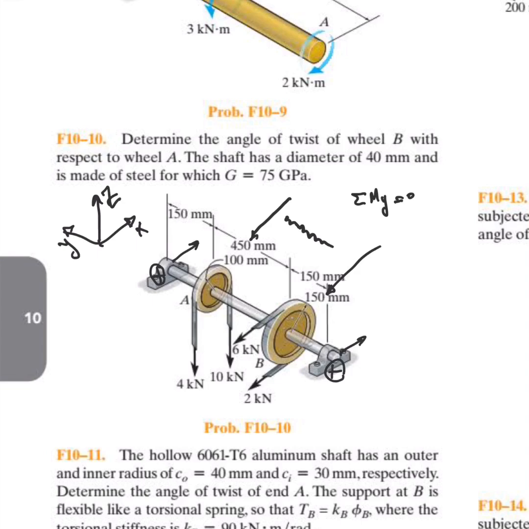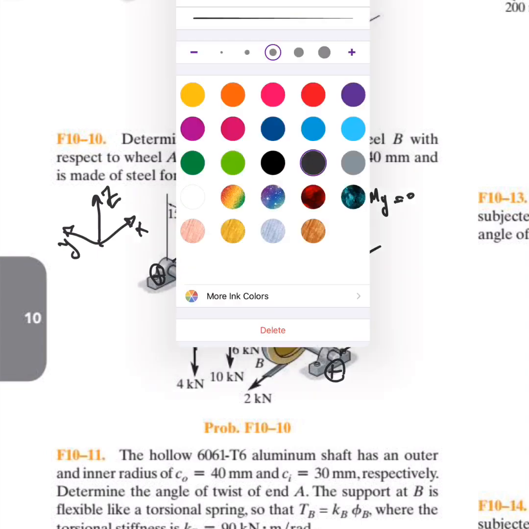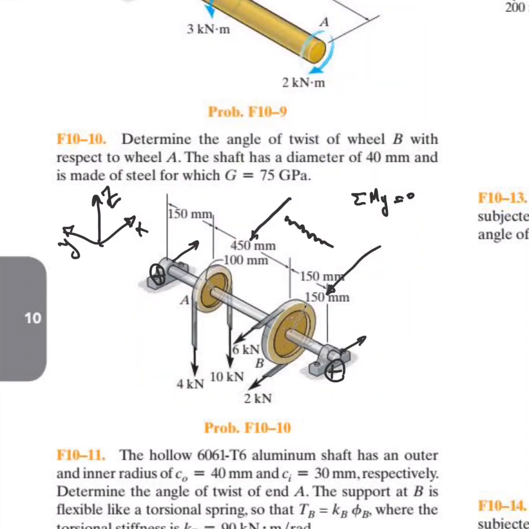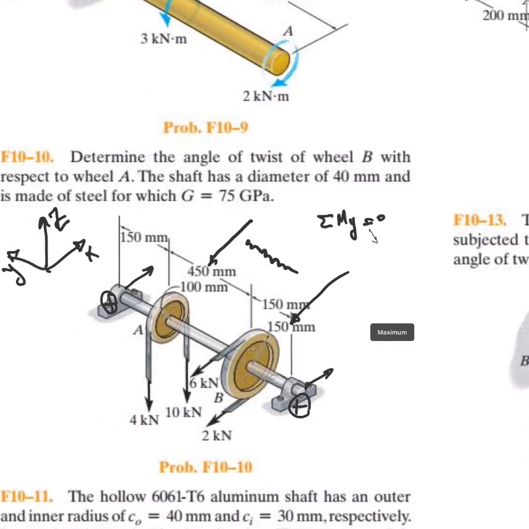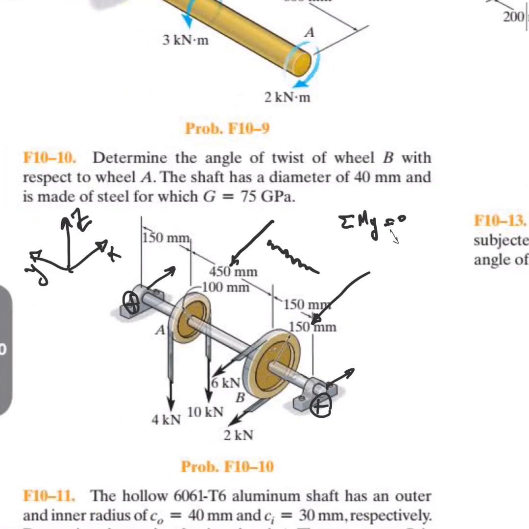Let's see if I can reduce the thickness of my pen. Obviously, yes, I can. So if I expand these equations, let's zoom a little bit more, because I need more space to write. It doesn't zoom more. I need to write 4k times the moment arm, which is 100 millimeter.